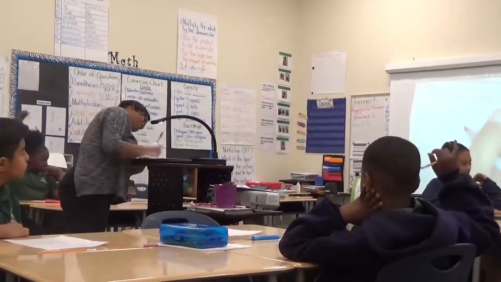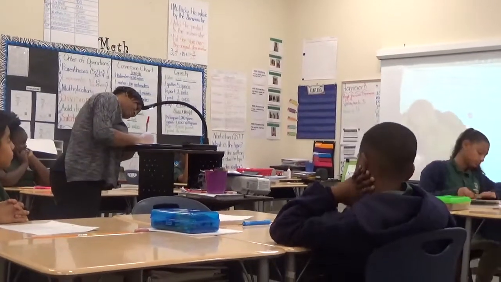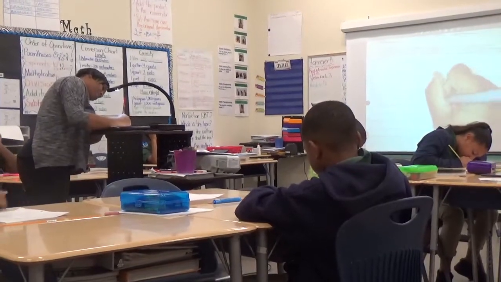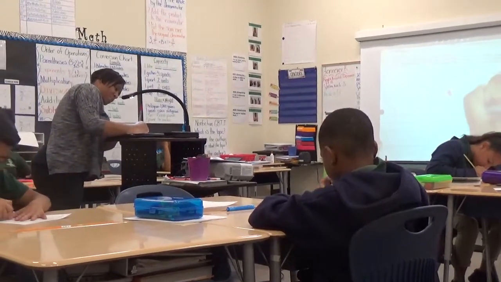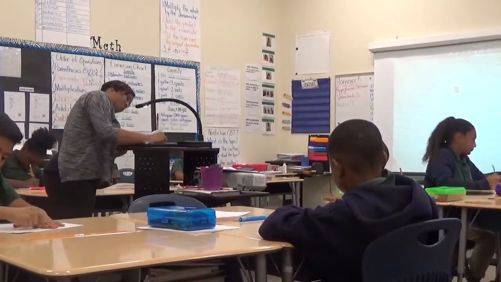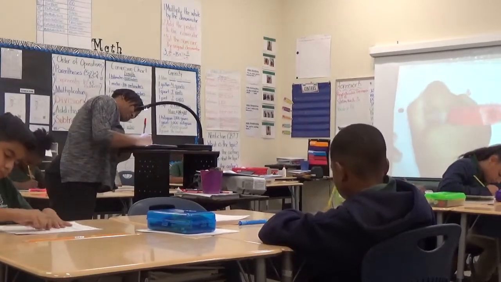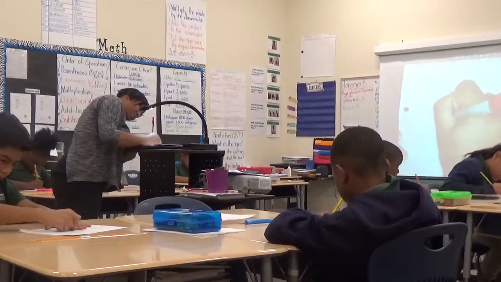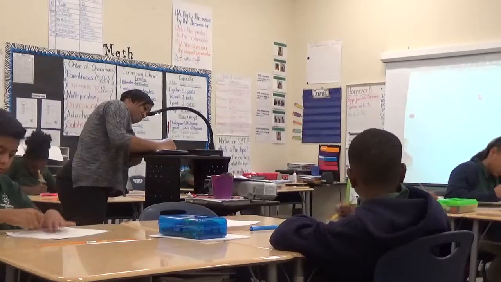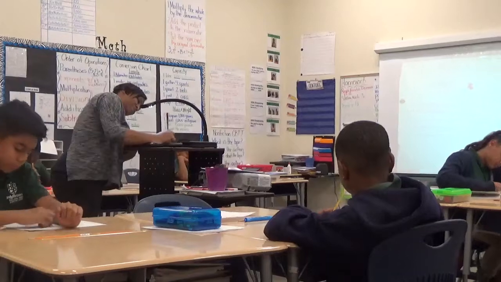So, let's write our reason. So I agree with Paul because 240 divided by 30 is closer to 231 divided by 32 than 200 divided by 30.